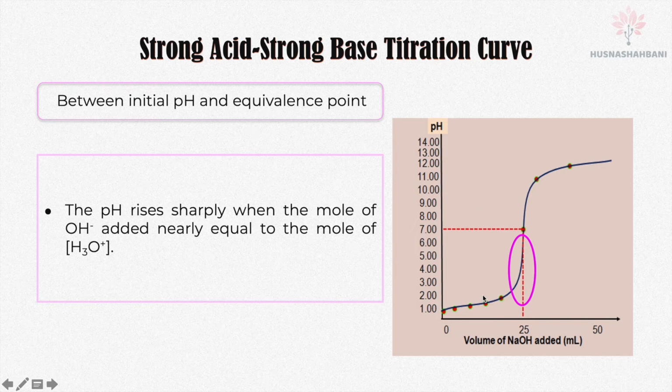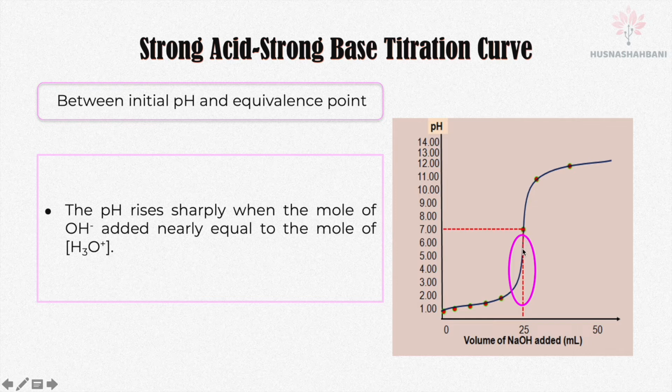Between the initial pH and the equivalence point, starting from here, the pH rises sharply when the moles of OH- added are nearly equal to the moles of H3O+. So you start to get a straight line here, slightly before the equivalence point or end point.